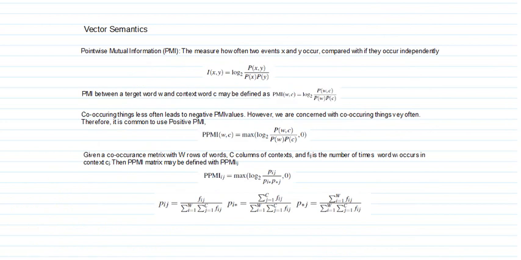So pointwise mutual information is the measure of two events x and y occurring together as compared to when they are occurring independently.